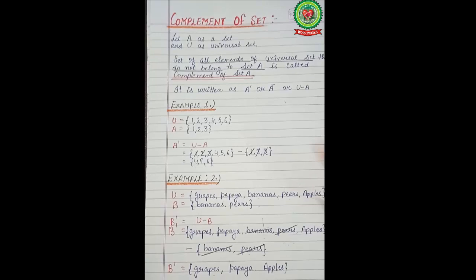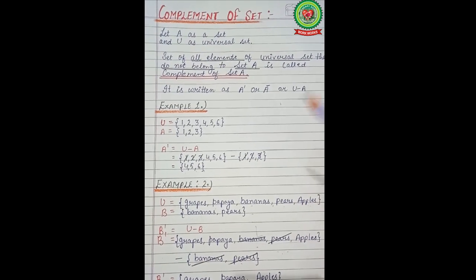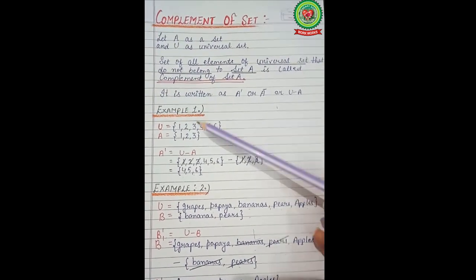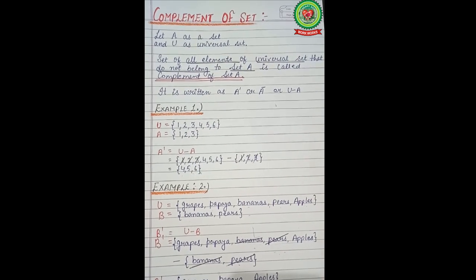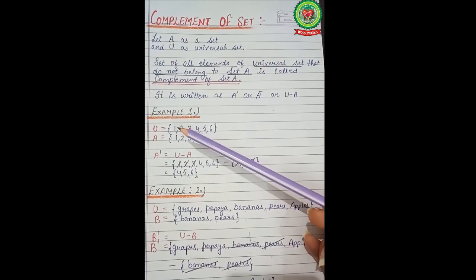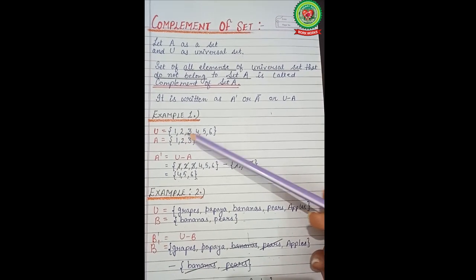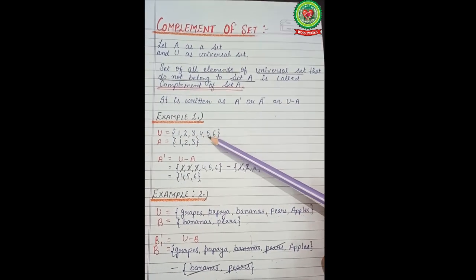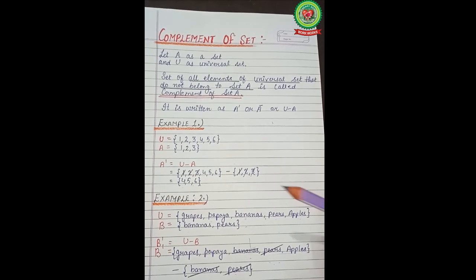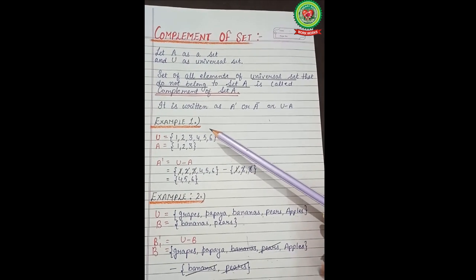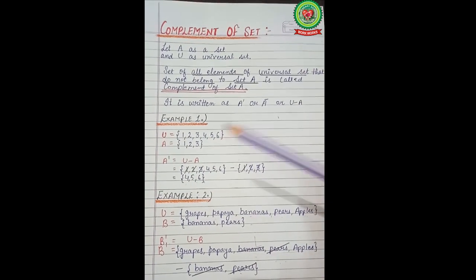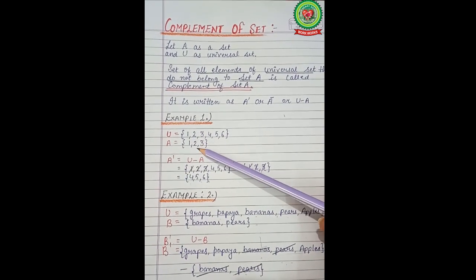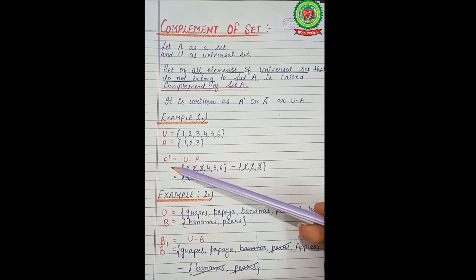So let us take an easy example for understanding this concept in a better way. Let's take a universal set. I'm taking here the first 6 counting numbers, so the universal set is 1, 2, 3, 4, 5, 6. Now I'm taking set A as 1, 2, 3. Here you need to find the complement.